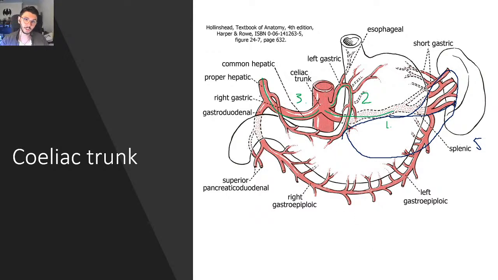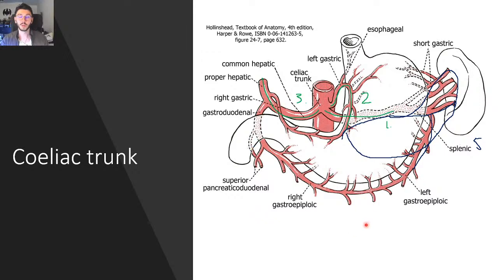Now, as the splenic artery approaches the spleen, it gives off other branches. The most important one here is the left gastroepiploic, which supplies the greater curvature of the stomach. So it supplies this part here, and anastomoses with the right gastroepiploic artery, which comes from the common hepatic.